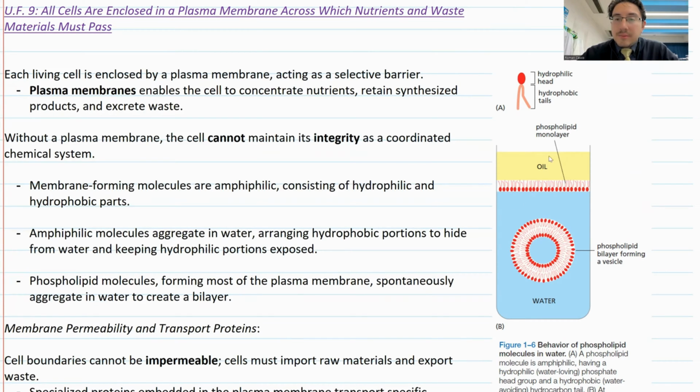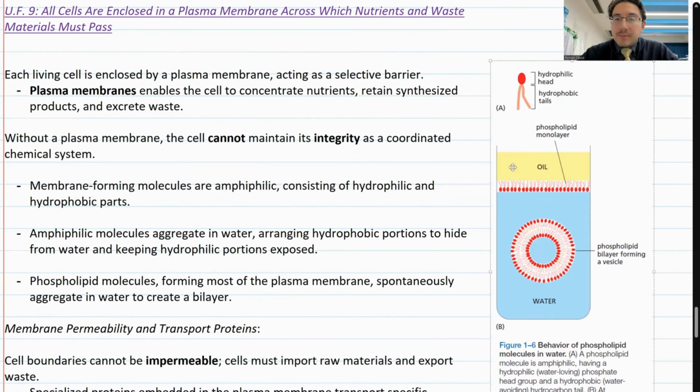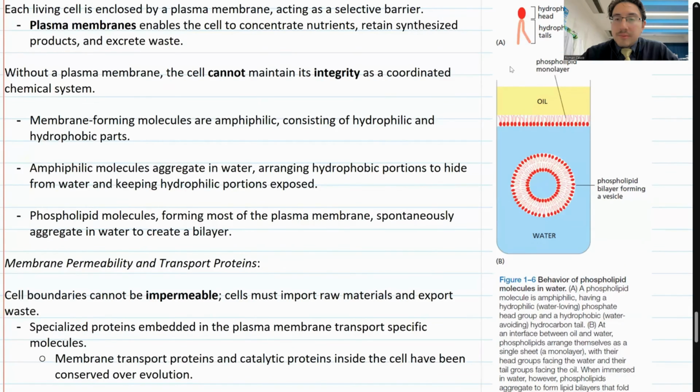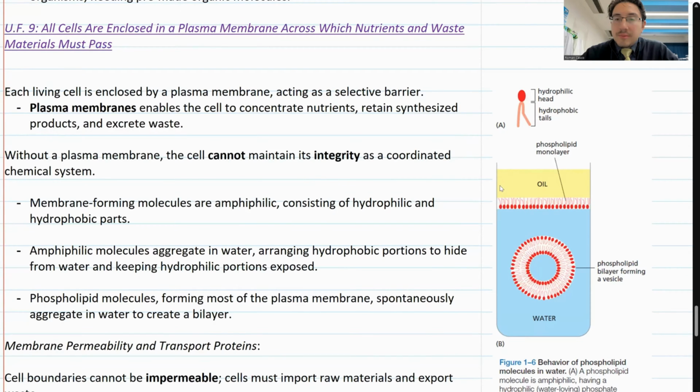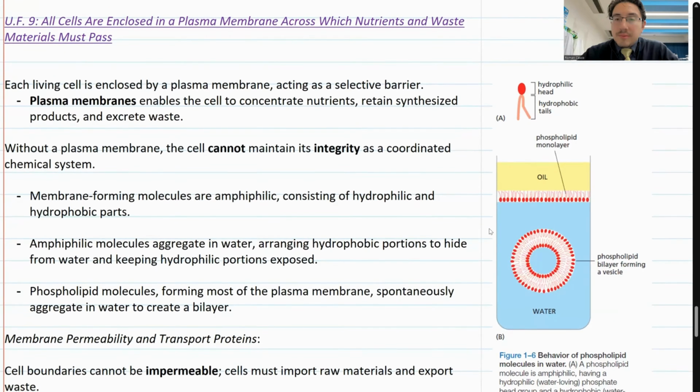the phospholipids redirecting themselves in such a way that the hydrophilic head will face the water, being a polar molecule, and the hydrophobic tail will be facing the nonpolar substance.